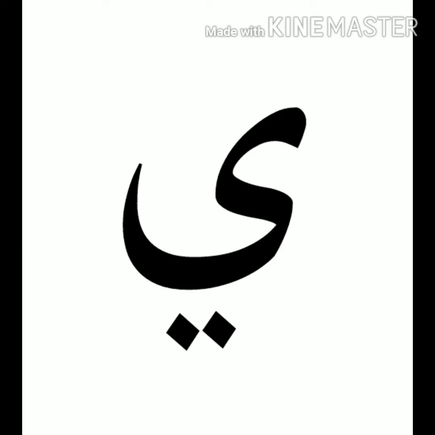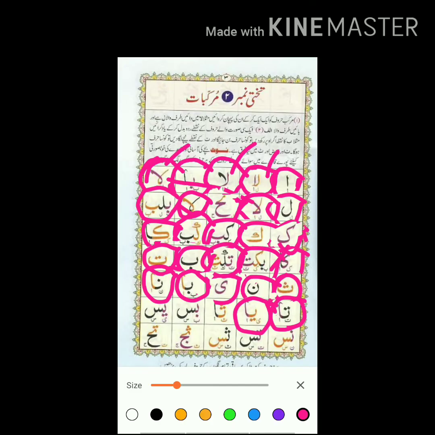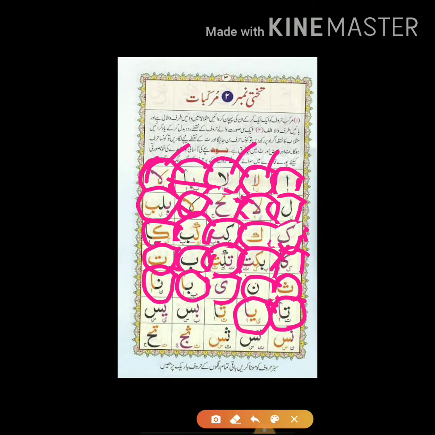This is ya, because ya has two dots below. So it makes ya. Ya, alif. So you do not have to be confused about this. Whenever you see two dots below a boat-like shape, it makes ya.